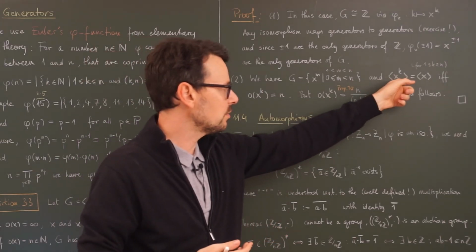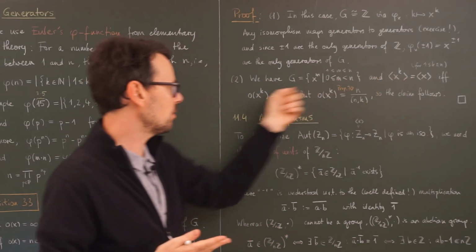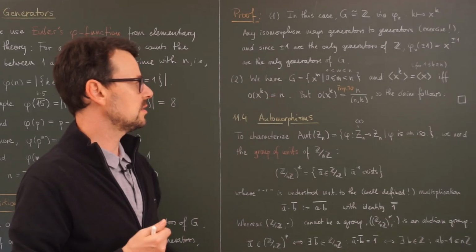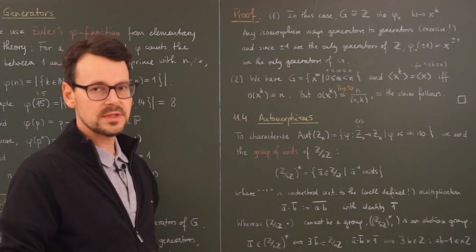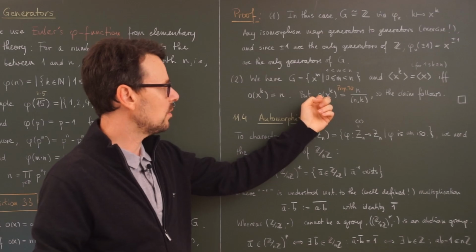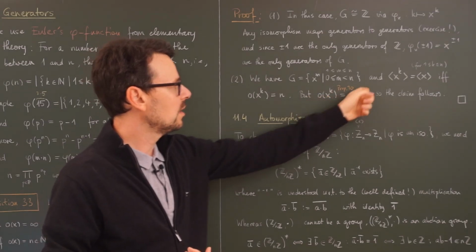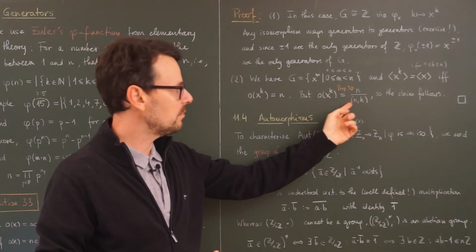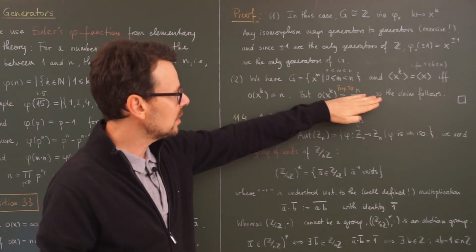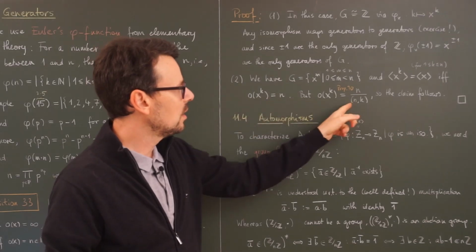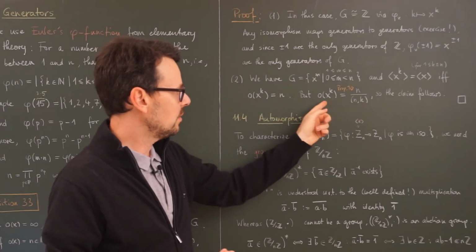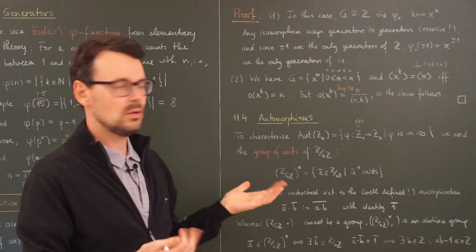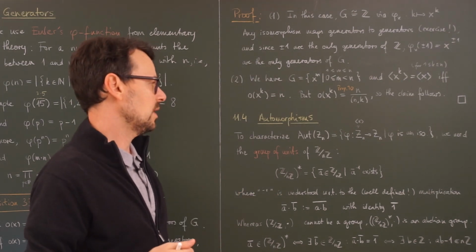So the order of this subgroup is exactly the order of the generator, so this needs to be n. But from proposition 30 we know that the order of x to the k is the order of x, n, divided by the GCD of n and k. So clearly, if and only if the GCD of these numbers is 1, this has order n and generates the whole group, and this is already it.